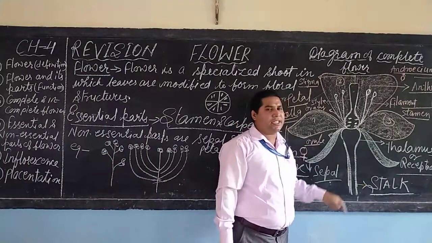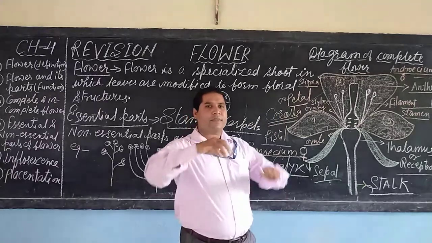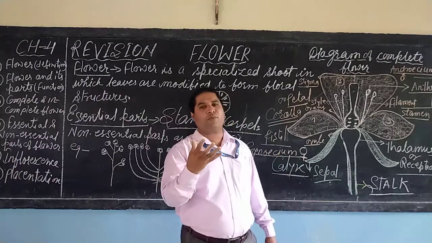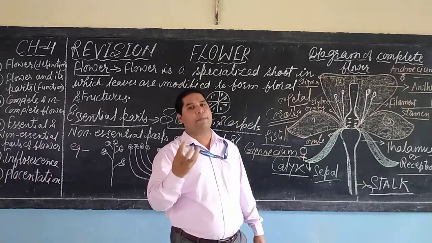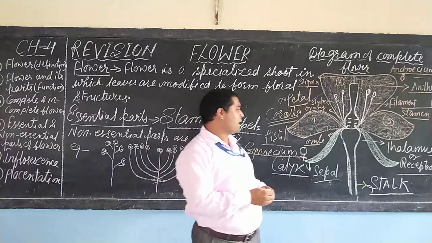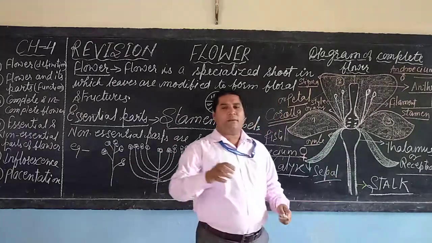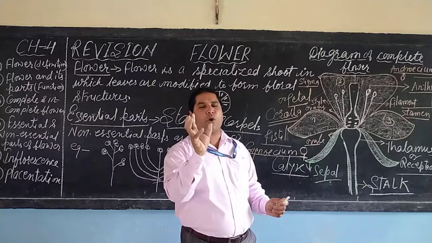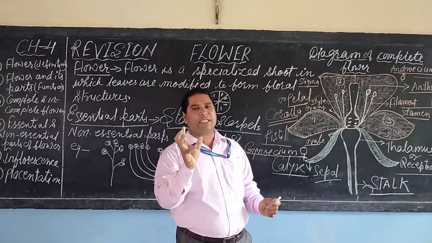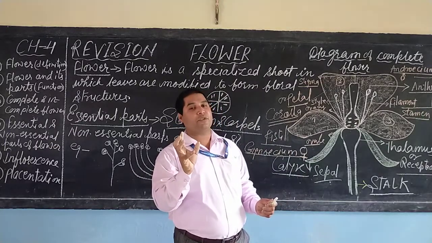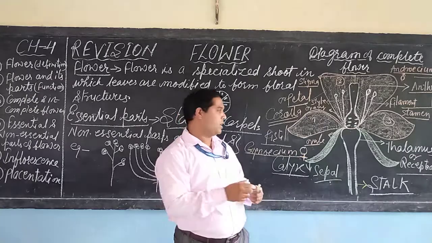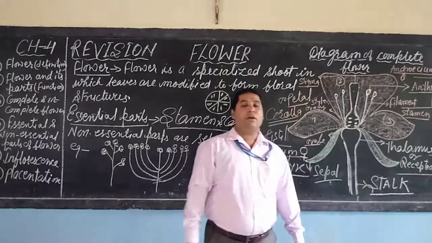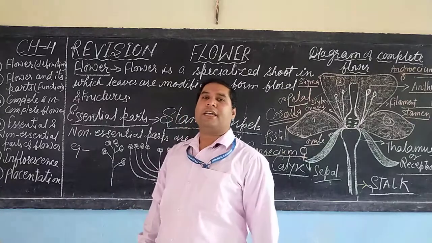Let us see. When these sepals are single, means free form, known as polysepals. And when all the sepals are united and form a cup shaped structure, known as gamosepals. So dear student, two terms, polysepals and gamosepals.